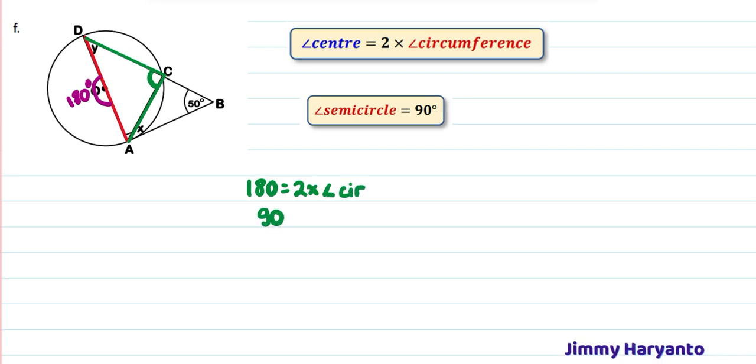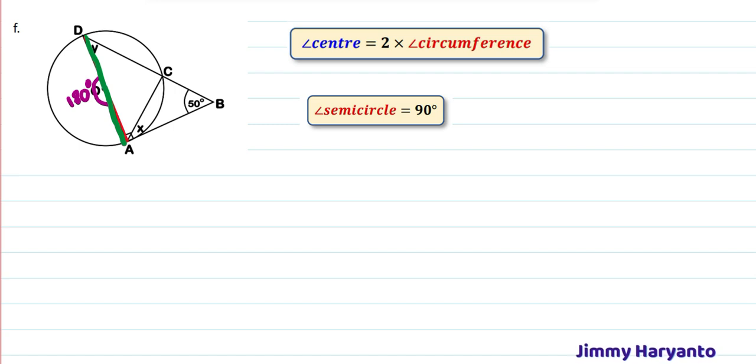So the angle of circumference will be 90 degrees. Or if you already know that this one is a diameter, that means this one will be called a semicircle angle, and the semicircle angle will always be 90 degrees. So that one is 90 degrees.